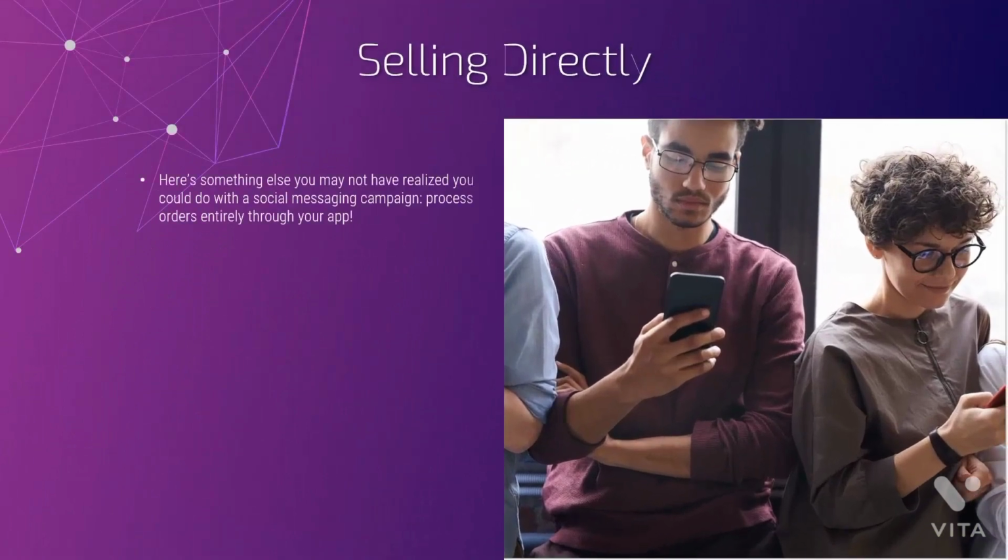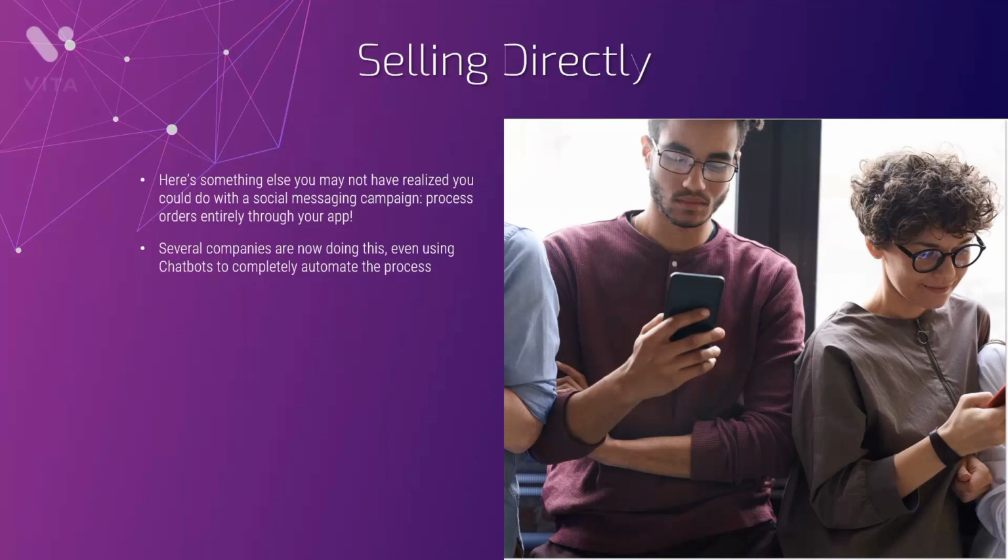Selling directly. Here's something else you may not have realized you could do with a social messaging campaign. Process orders entirely through your app. Several companies are now doing this, even using chatbots to completely automate the process. In particular, this option is popular among restaurants and fast food joints. Taxi firms are also embracing the concept. Here, the customer will usually already have an account with the business that has their delivery address and payment details stored.